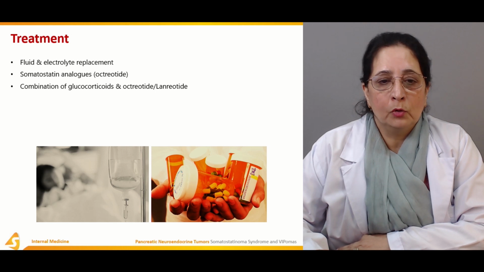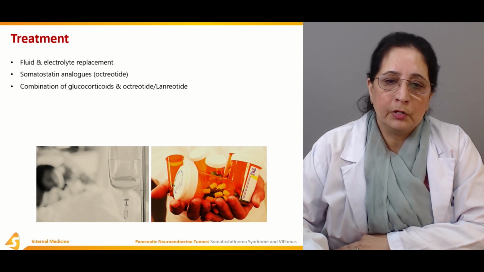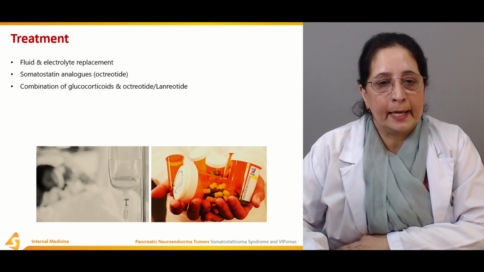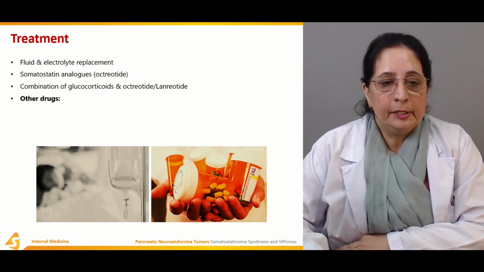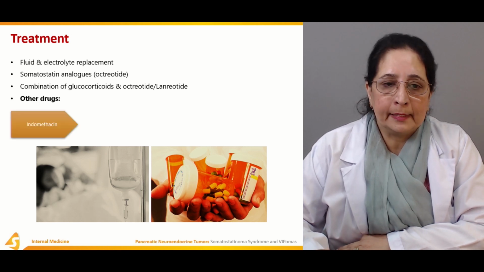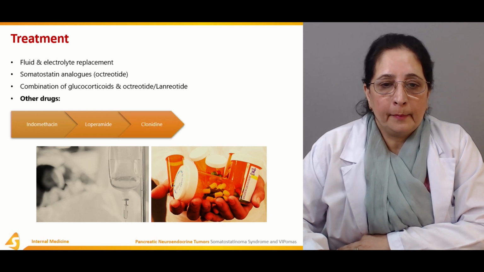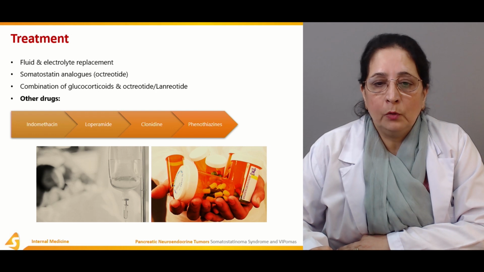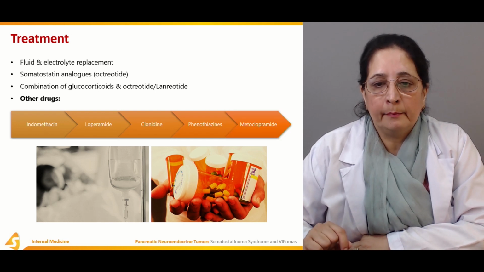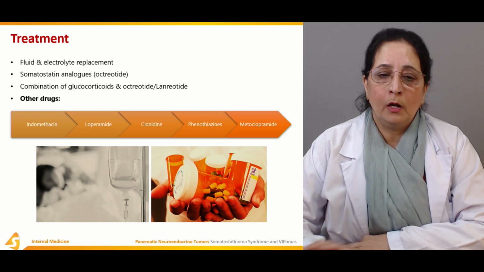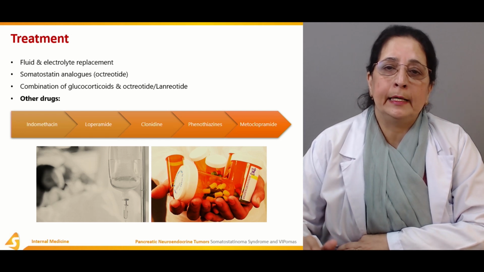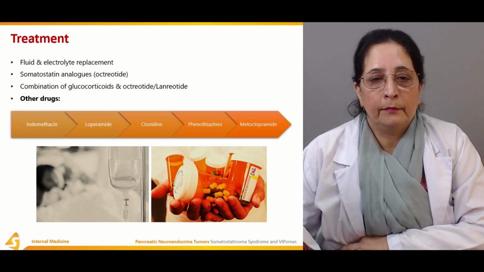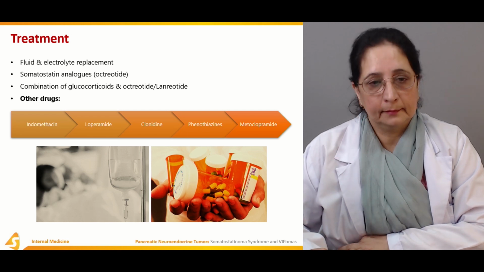A combination of glucocorticoid and octreotide, or lanreotide, can be used. Other drugs like indomethacin, loperamide for diarrhea, clonidine, phenothiazines, and metoclopramide. All these are other drugs that can be used for the VIPomas.